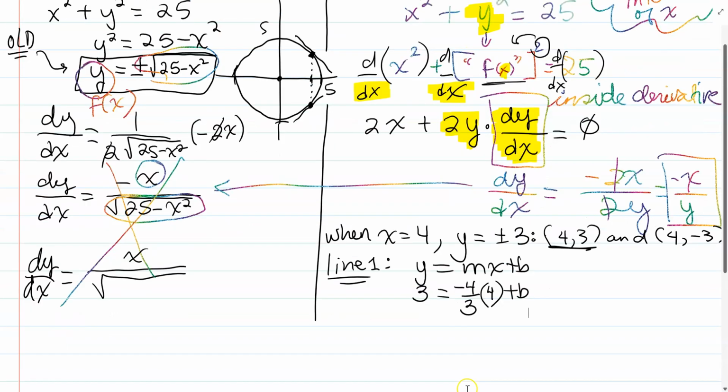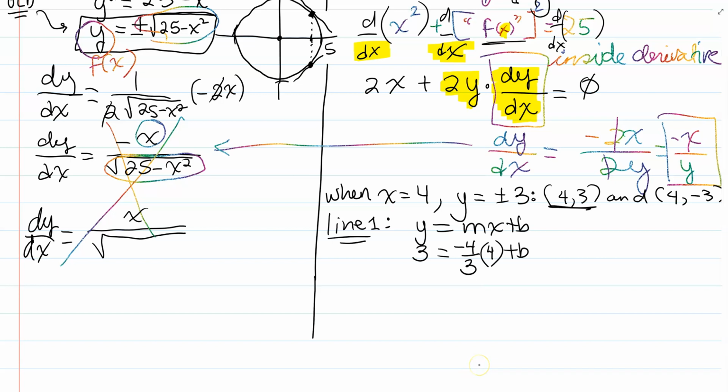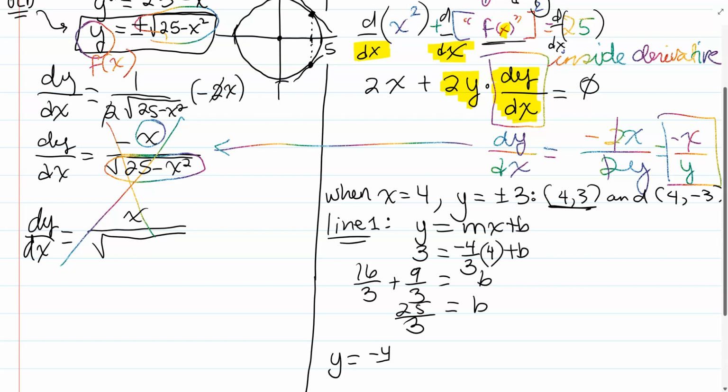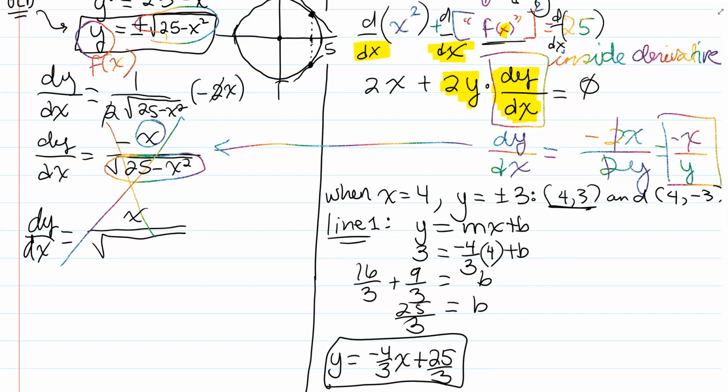So I would say b is equal to, we would add 3, which is 9 over 3, we would add 16 over 3. So b would be 25 over 3. Okay, so then the first equation is y equals -4/3 x plus 25 over 3. That should be the equation of this line right here, the one that goes downhill.